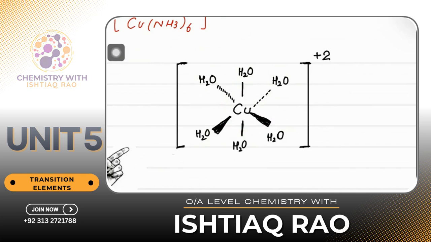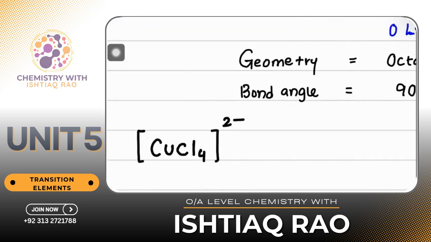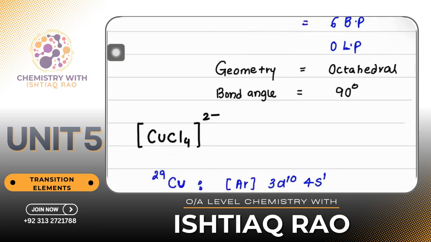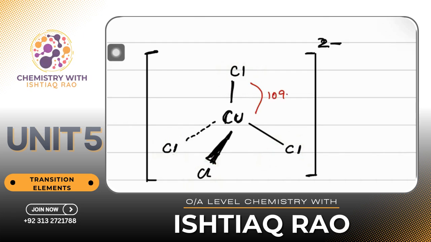Simple, okay? And then let's say this is copper chloride, CuCl4 2 minus. You can see we have four ligands. They can be arranged in such a way that the chloride ions would be at an angle of 109.5 degrees.